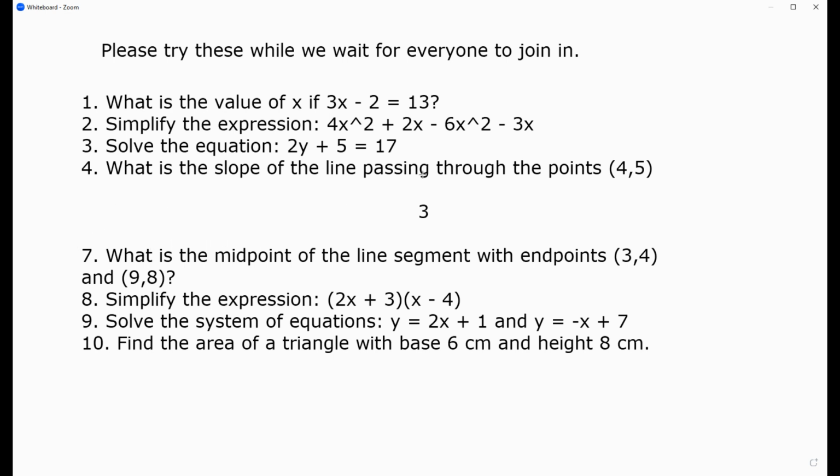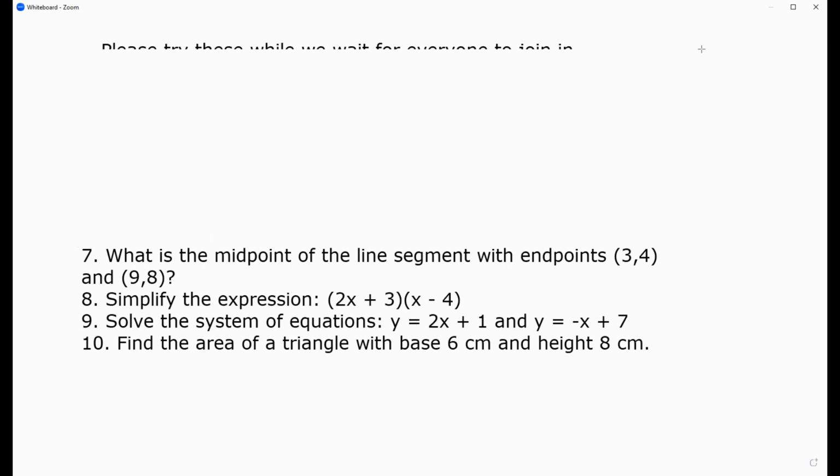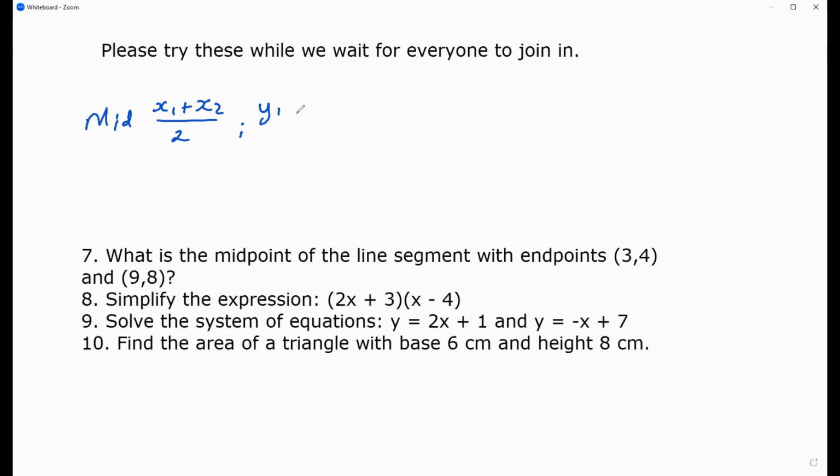What is the midpoint of the line segment of these endpoints over here? For this one, the midpoint of the line segment is given by taking x1 plus x2, dividing it by 2, taking y1 plus y2, dividing it by 2.